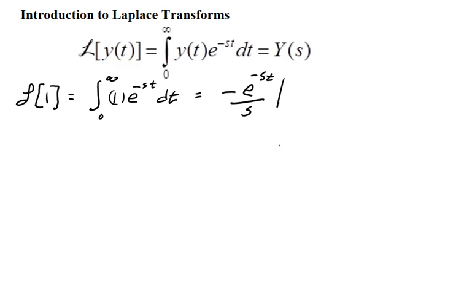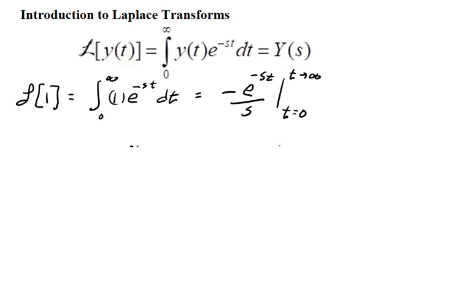And we're going to evaluate from t equaling 0 to as t approaches infinity. With improper integrals, we're just utilizing limits to evaluate endpoints. What do we get?